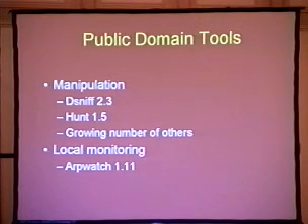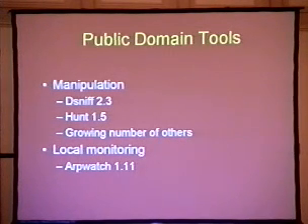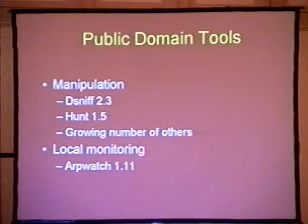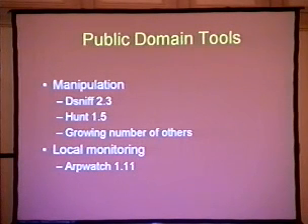Hunt, written by Craw, is basically a session hijacker. And it also has the ability to do sniffing and session hijacking on switch-based networks. Some people complain about the GUI, but it's a pretty good tool as well. Basically, you can grab MAC addresses, grab the sessions, control the sessions, and do the ARP replies and spoof replies as well.